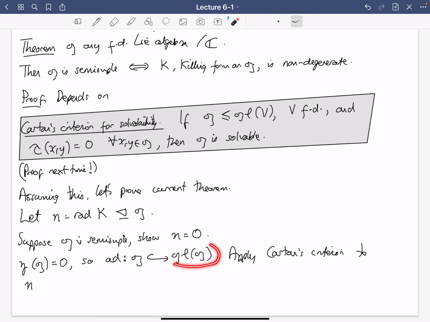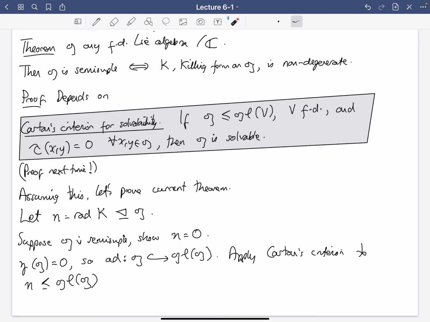So G embeds into GL(G). So I'm just going to think about this n, the radical of the Killing form, as being just a subalgebra of GL(G) via this embedding. Okay, so now I'm just working inside GL(G), and so the tau in Cartan's criterion exactly is this Killing form kappa, right? So tau equals kappa, and n is the radical of kappa.